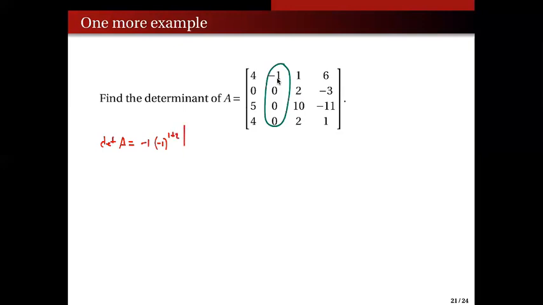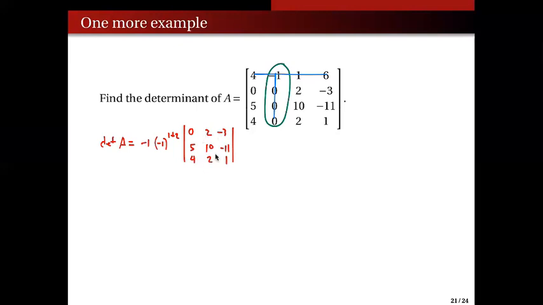And then the determinant: we delete this column and this row, so we will get 0, 2, negative 3, and then 5, 10, negative 11, and then 4, 2, 1. So notice this is a 3 by 3 matrix now.